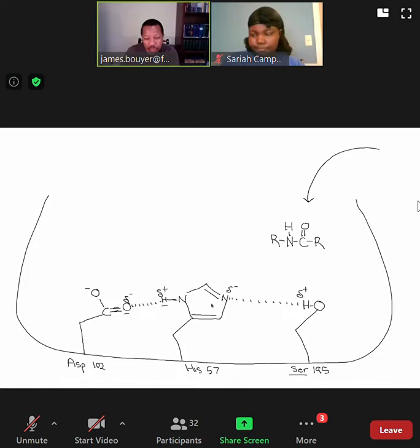So the histidine is going to accept the hydrogen from the serine. So the histidine is acting as a general base. We've already had flexibility. We have established the proximity effect because these are very close together.